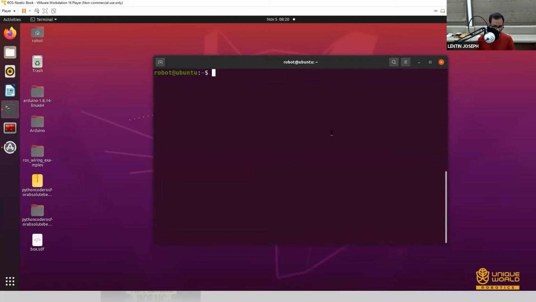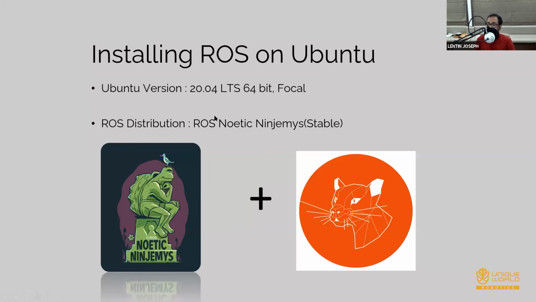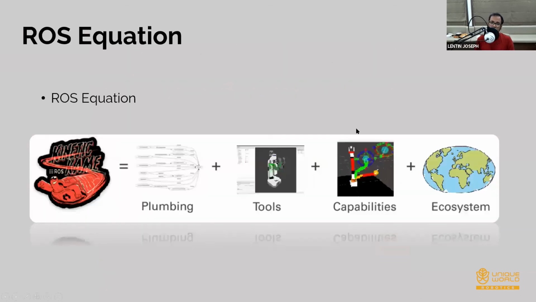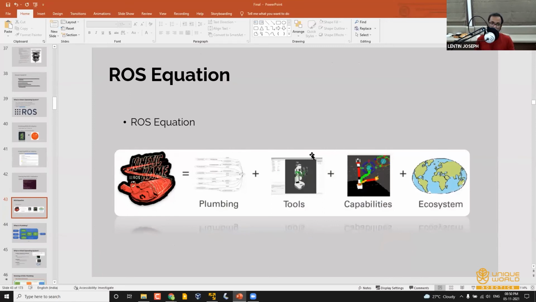After installing, you can confirm ROS is installed on your computer using this command, which comes up with the version of ROS. ROS Noetic is what I'm using, on Ubuntu version 20.04. So this is the installation instruction, and I just wanted to focus on this.